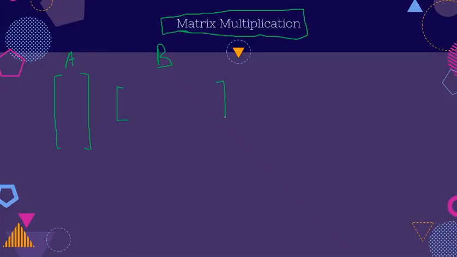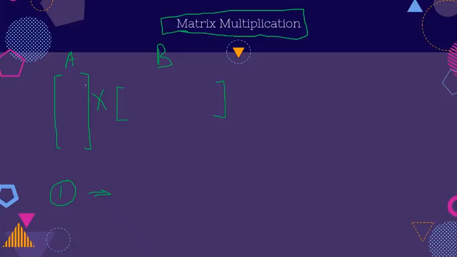We have two matrices with us, right? But there is one rule we must keep in mind. When we're adding or subtracting matrices, both matrices should be similar.